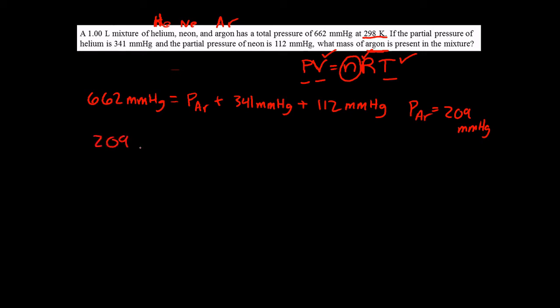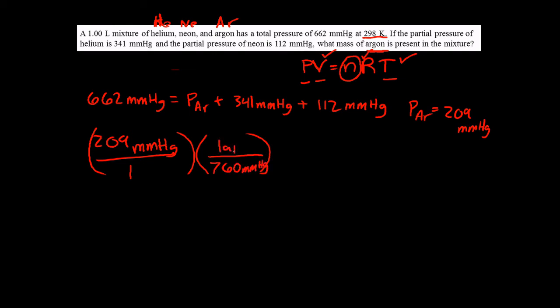So we have 209 millimeters of mercury. And if you remember, 760 millimeters of mercury is the same as 1 atmosphere. So if I go ahead and do that math, I have 0.275 atmospheres as my pressure.